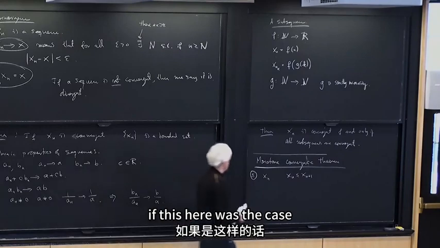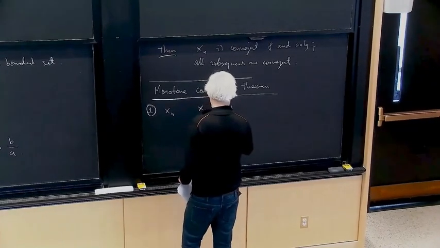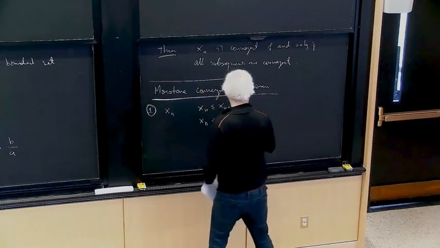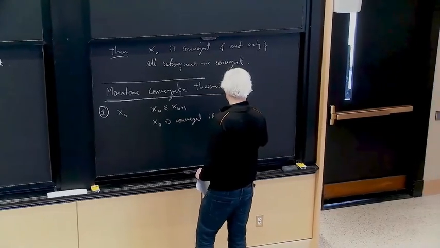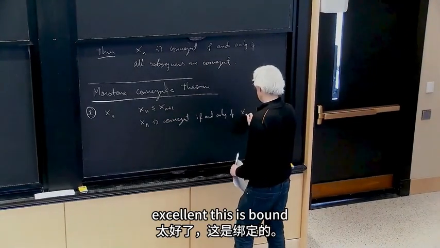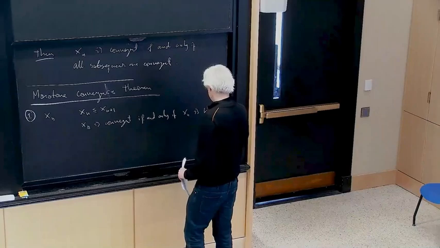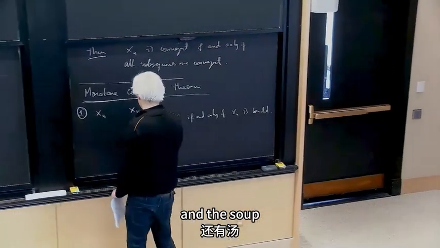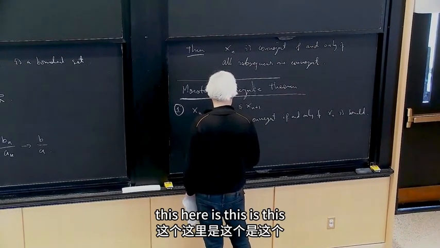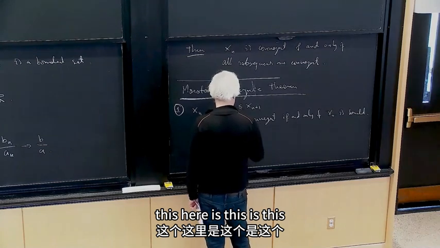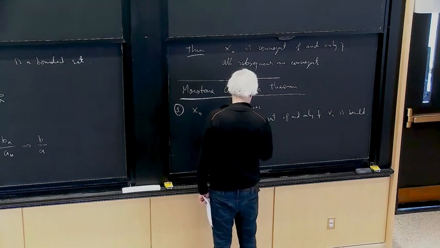If this is the case, then x_n is convergent if and only if x_n is bounded. If the sequence is bounded, and the sup of the x_n is the limit.